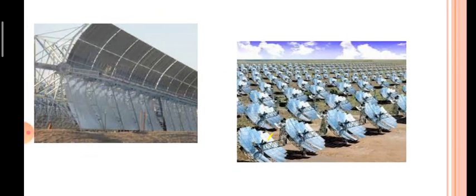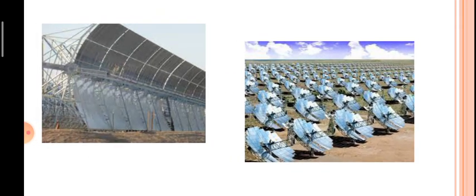If we clearly see this picture, it shows us two types of concentrating collectors. This is used in commercial applications. These collectors also require a sun tracker, which is a very expensive one.